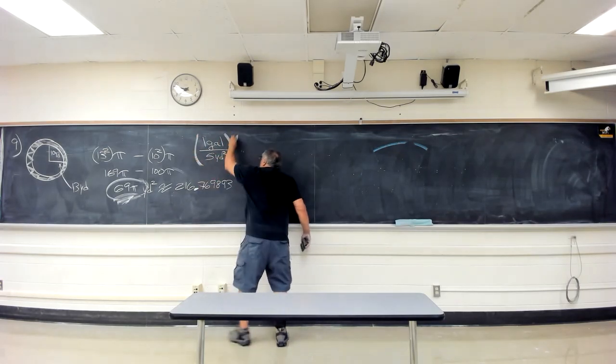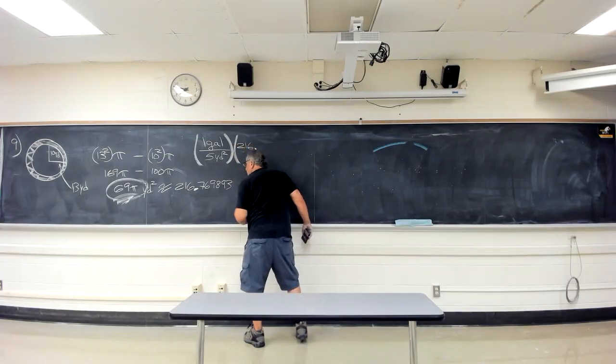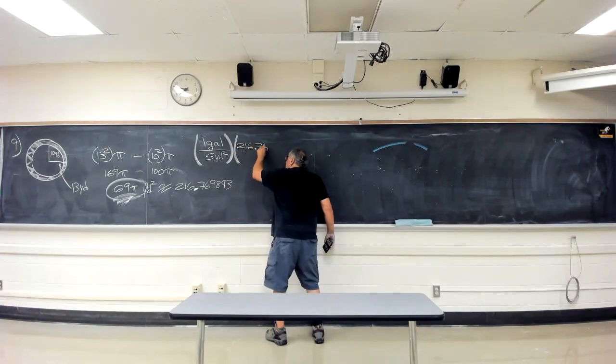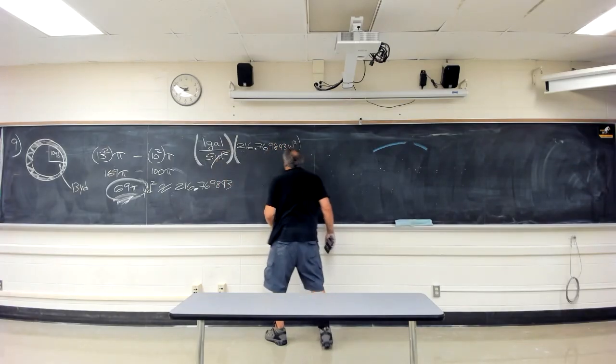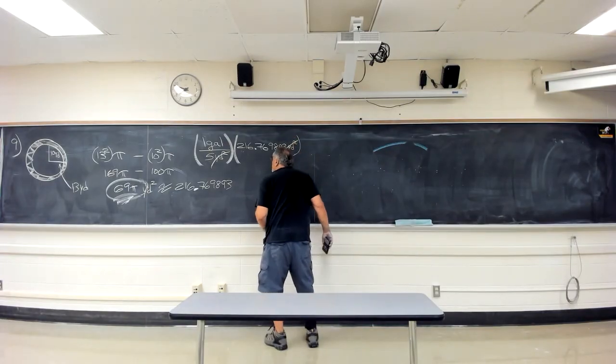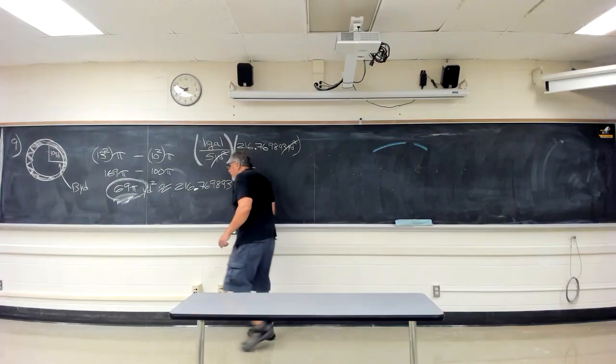Okay? And here I got 216.769893, and then some, square yards. That's out of there. Let's do that multiplication, I guess. 5 goes into here.